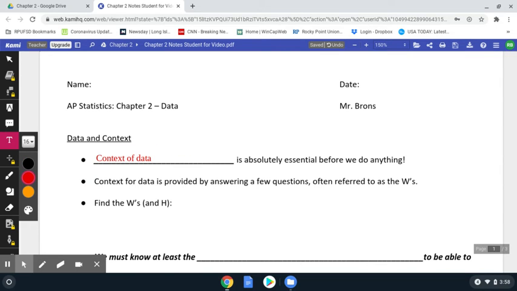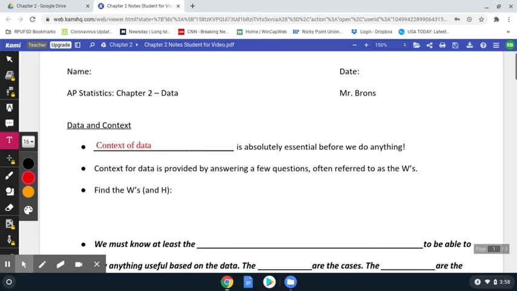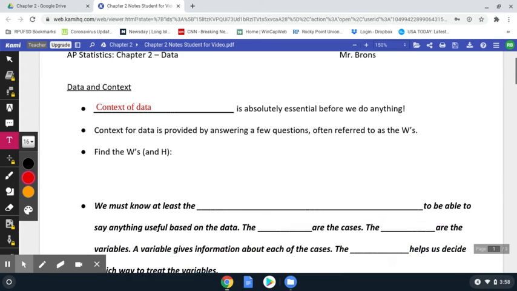I like that. Okay. So how do we get context? That's the next question. We understand what context is. It's going to help us sort of understand what our data values are. So context really is sort of developed through answering a couple of questions. And we talk about these questions as the W's. Okay, so what are the W's?